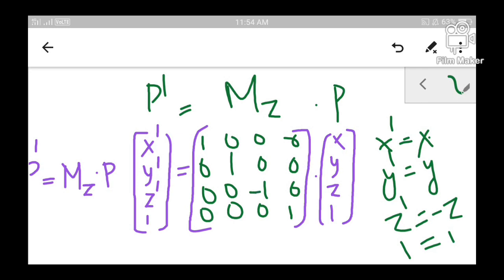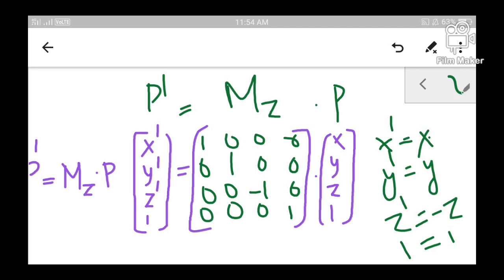So I am putting a minus over here, such that when I multiply the third row with p, I will get the equation z dash equal to minus z. Like this, 0 into x plus 0 into y plus minus 1 into z plus 0 into 1. In this way, when you multiply these two, you will get the value z dash equal to minus z.